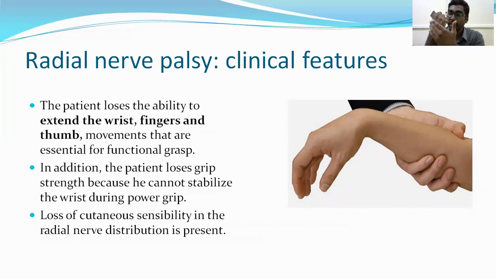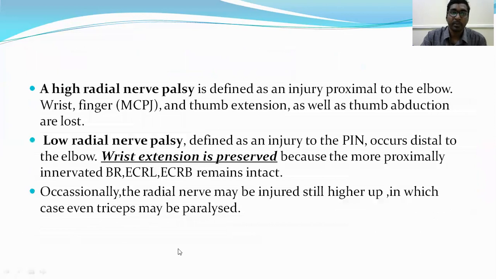In the absence of extensor action, the hand may not be stabilized, so the grip may not be that tight and can be pulled off easily. In this position, the grip will be good and you cannot pull it off easily. So the stabilizing action on the wrist is lost, and grip weakens in radial nerve palsy. And cutaneous sensibility in the radial nerve distribution is also lost.